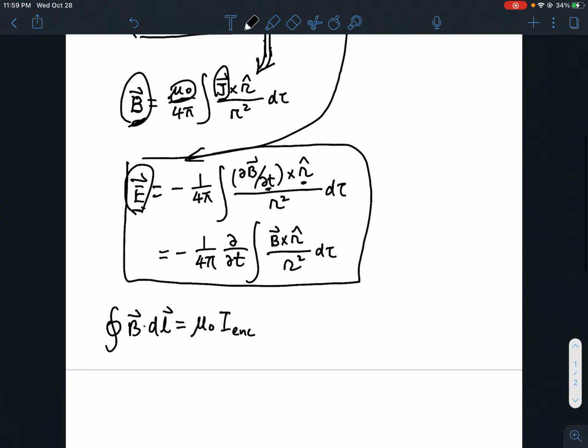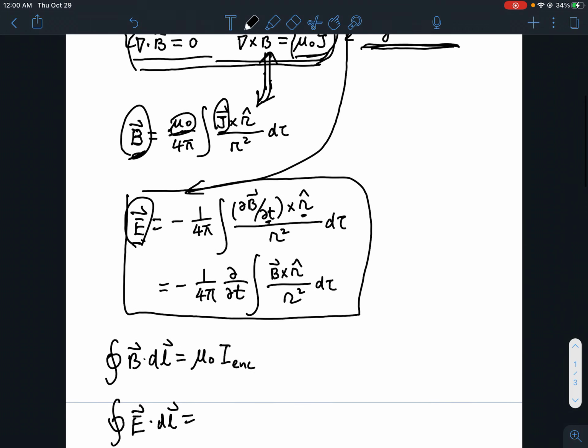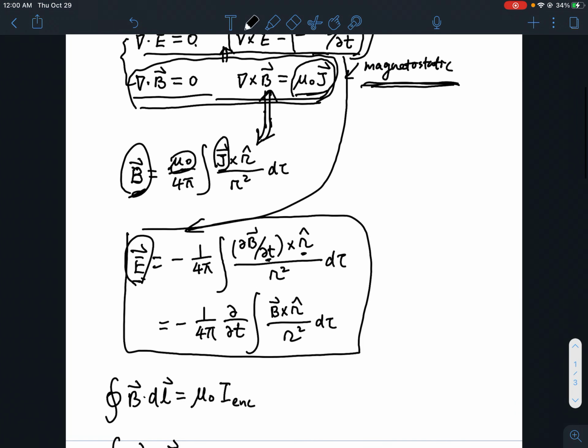Using the same reasoning, we can write down Faraday's law in integral format. So this is really mu zero times the integral of this j, because the current is just the integral of this j.